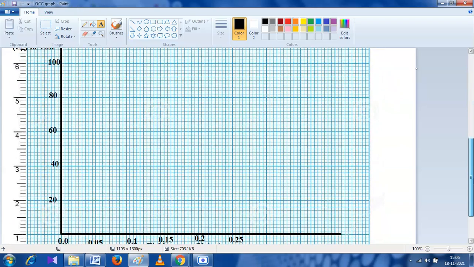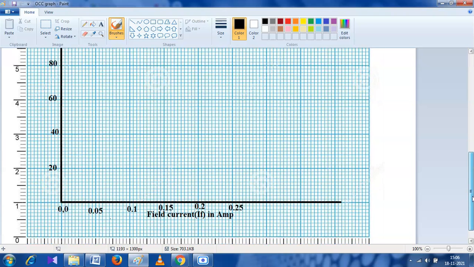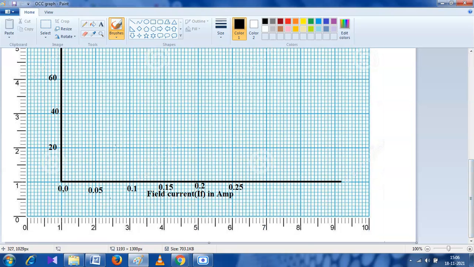So now which point is 0? This is 0. And what should be the value of first reading? In first reading, what is the value of generated voltage? 37. This is 20.